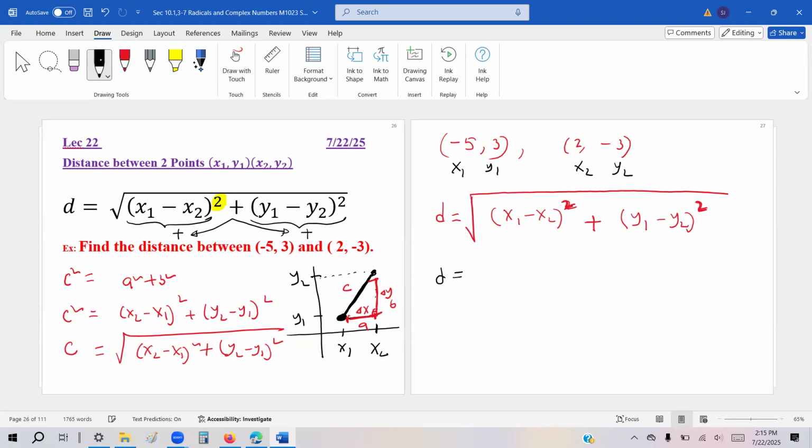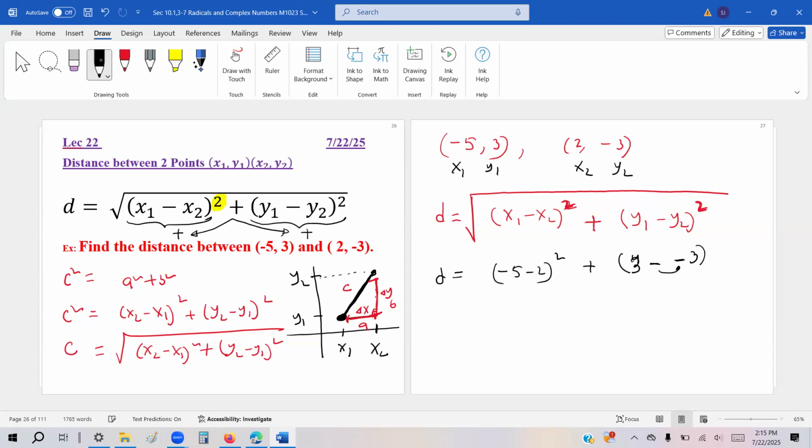So what am I supposed to write? What minus what, squared? -5 minus 2, squared. And then 3 minus -3. Good. We have to have a double sign, double negative.